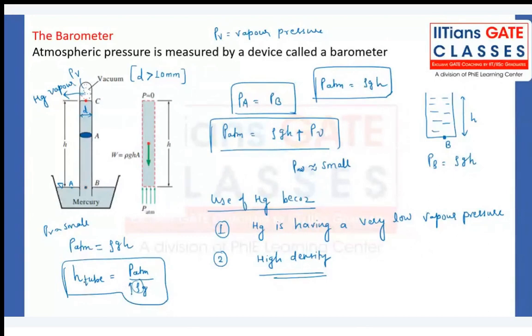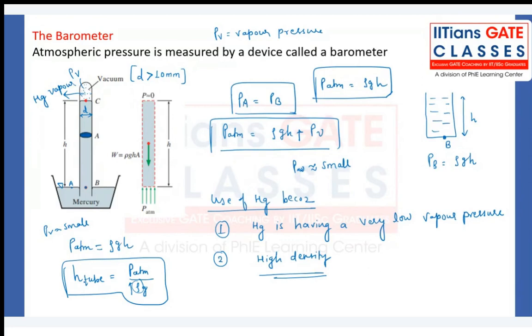If you use water, the mercury density is 13.6 times more than the water density. The water density is very low as compared to the mercury density. What will happen? You will require a very large height of the tube. You may require a tube height approximately the height of a building.